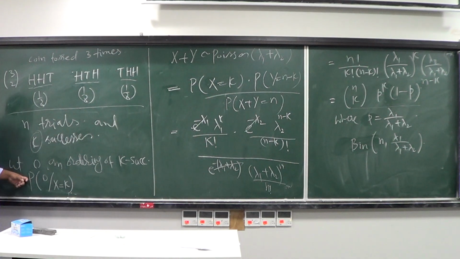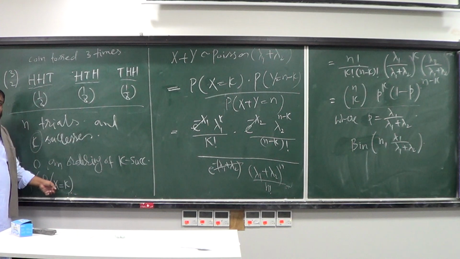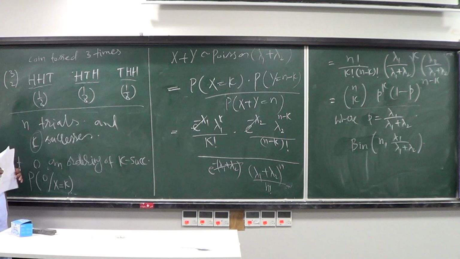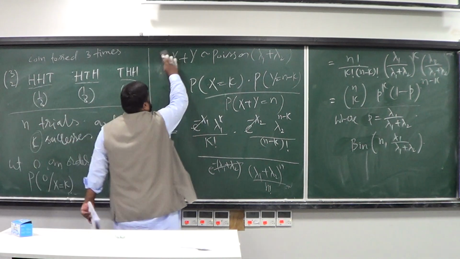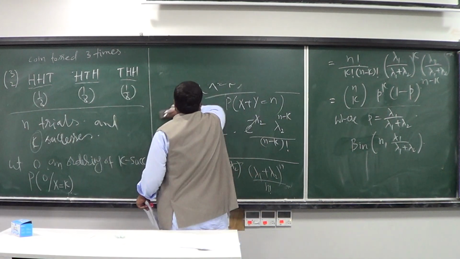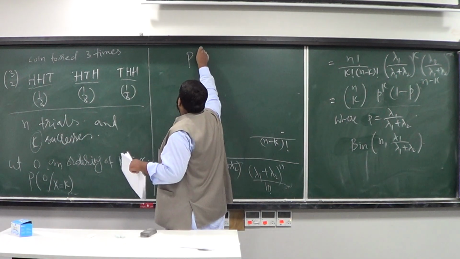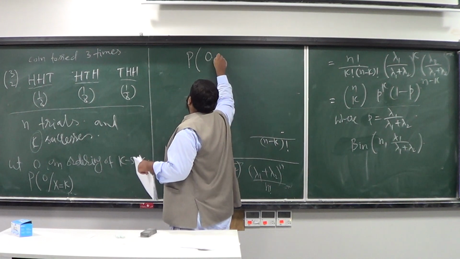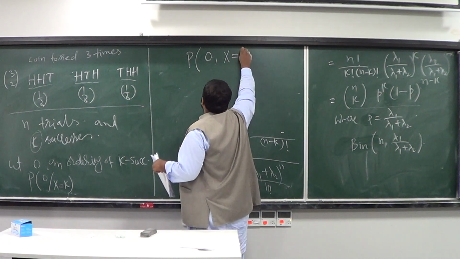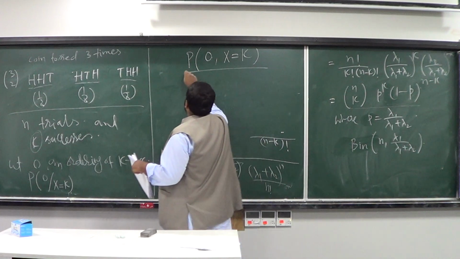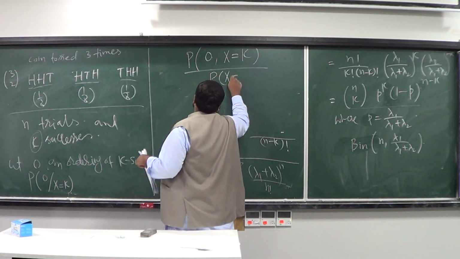Now I want to compute the probability of a particular ordering, given that in that ordering there are k successes. Now I can compute this through conditional probability. So this would be equal to probability of ordering and X equal to k, divided by the probability of X equal to k.